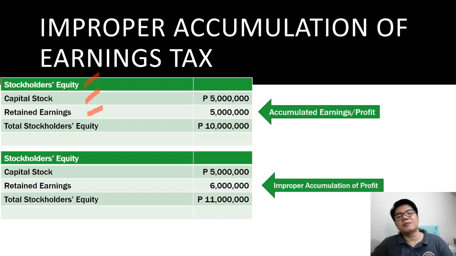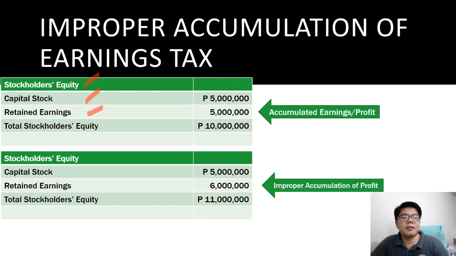So Juan will receive 90,000 and the government will receive 10,000. So Juan is happy, the government is also happy. But in the case of a corporation receiving the cash dividend from a domestic corporation, remember, it is exempt. But when cash dividends are distributed to an individual, he will receive them net of the 10% final tax.